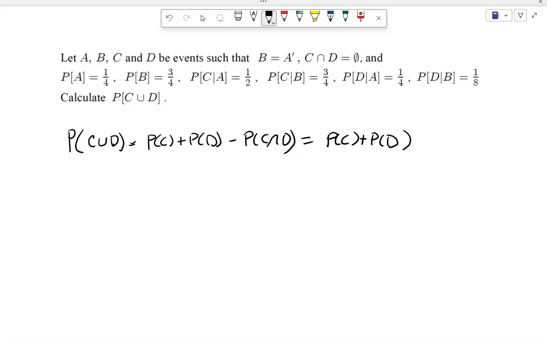Okay. So if we can figure out these two values, we're done. We just need to add them together, right? So let's see if we can concentrate on finding the probability of C first. Let's see if we have enough information to figure out the probability of C. So let's use this piece of information right here, where we have the probability of C given A is 1/2.